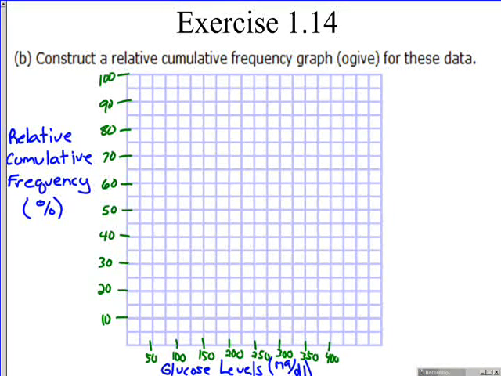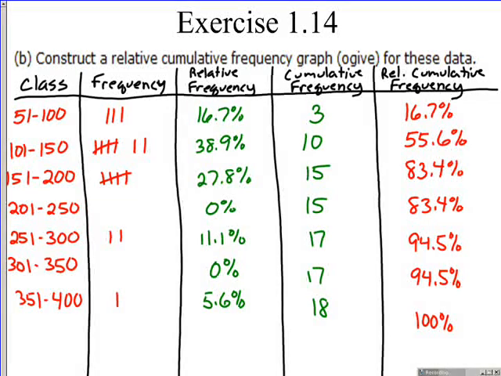Plot your points between 0 and 50, which is this first interval. We have 0%. Next interval takes us to 16.7%. Next interval, up to 55.6%. Next one to 83.4%.